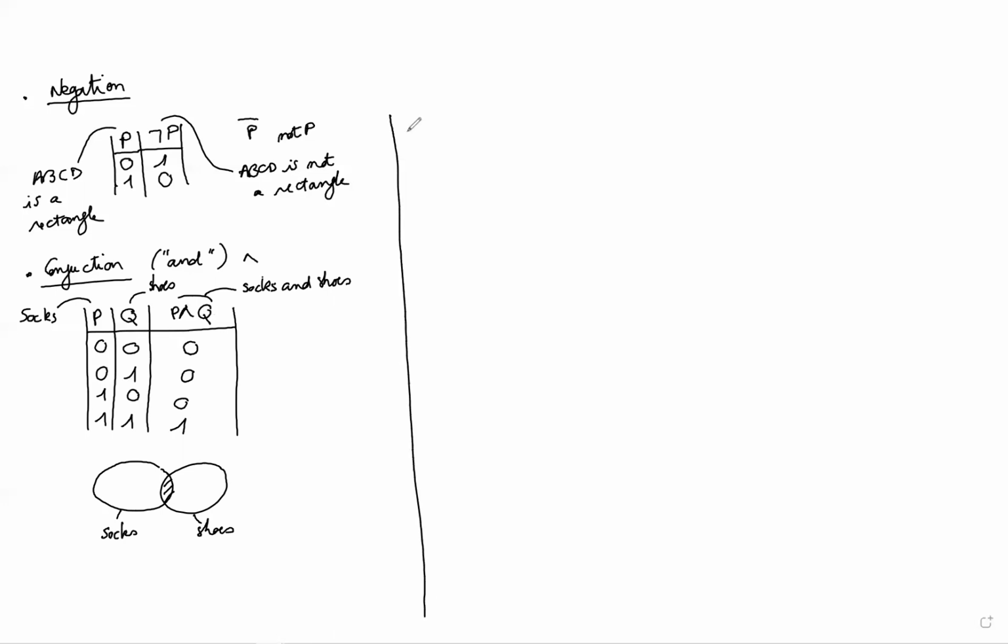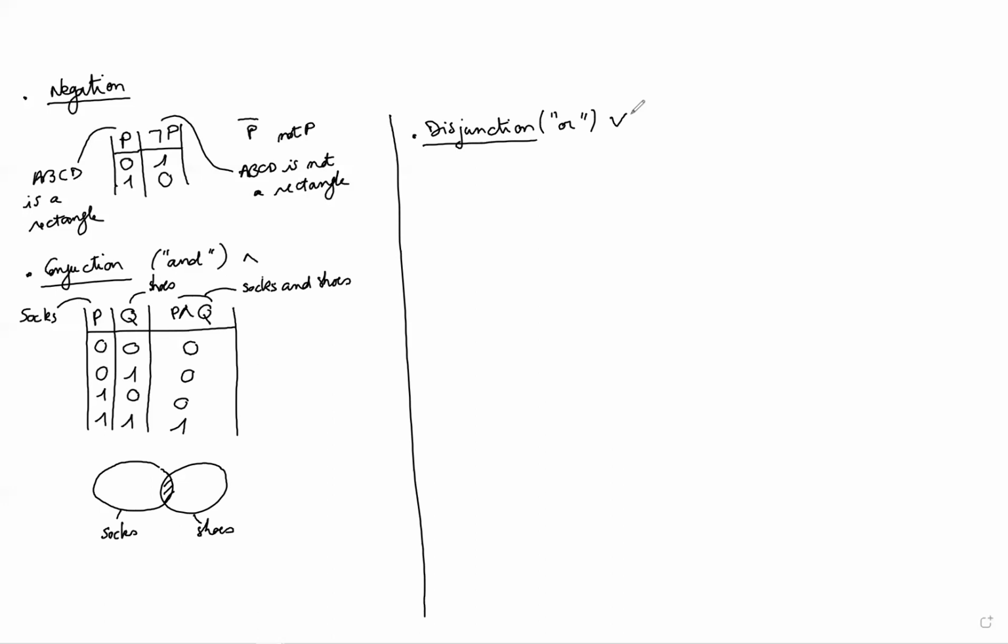Now, disjunction. It means or. I said in the previous lesson that or in math means or and.